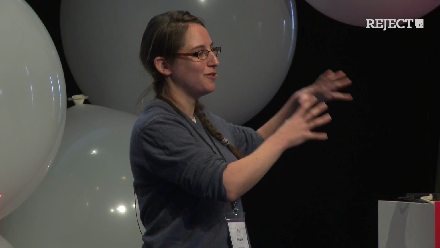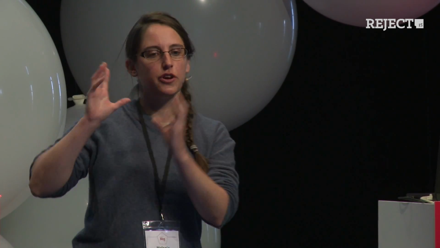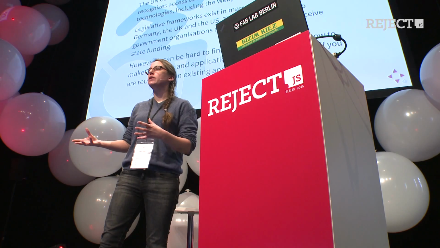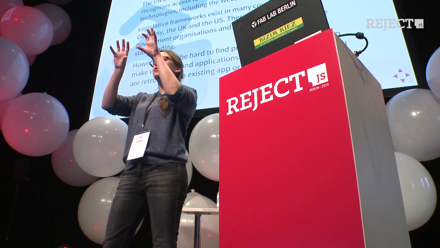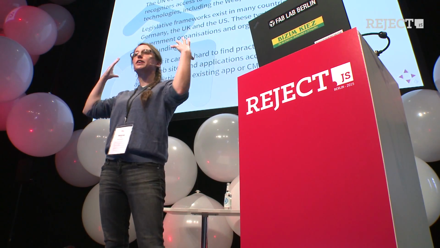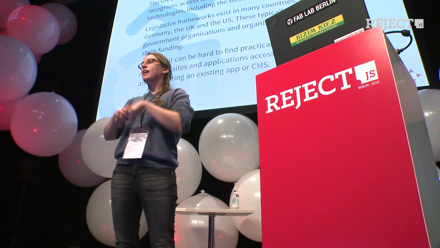Unfortunately, it's quite hard to find practical examples of how to take this legislative framework and the rules and the specs and turn it into something practical that you can just use in your everyday workflow. And I think of this a little bit like maybe 4 or 5 years ago, when you had this problem with 2 floated divs, and then the next div is coming up here, and you're like, what's going on? And then you're like, I need a clear fix, get down there, div, do what you're supposed to be doing.